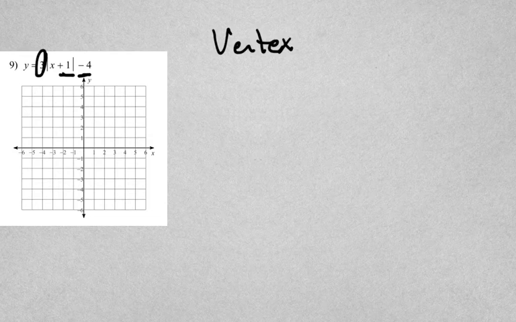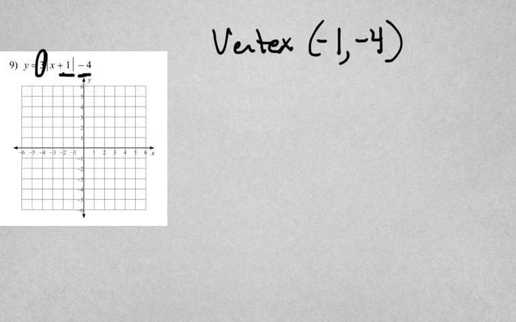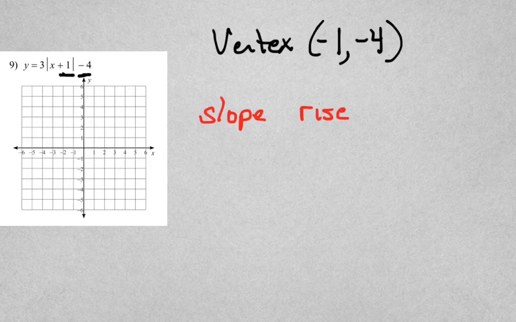So we're positive, so that means our graph is going to open up. We have both pieces of the vertex this time, so our vertex is opposite of the 1, so -1, comma, -4. Our slope is positive, so that means I'm going to rise 3, go right 1.